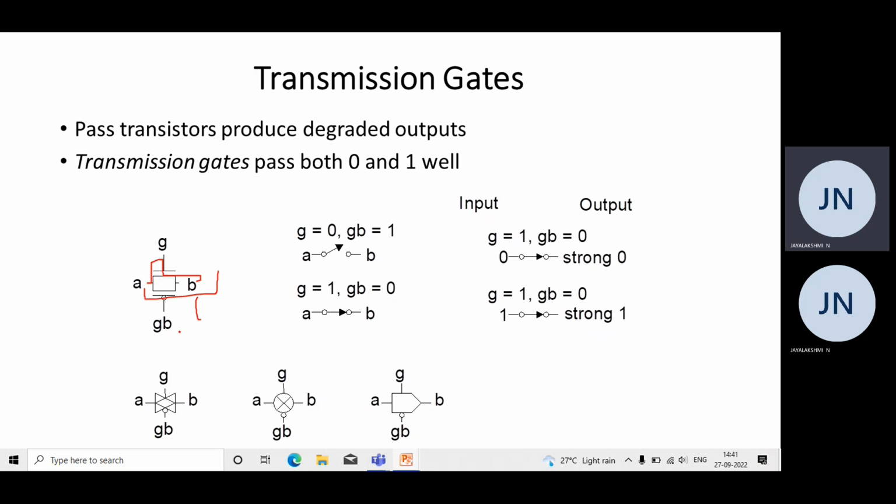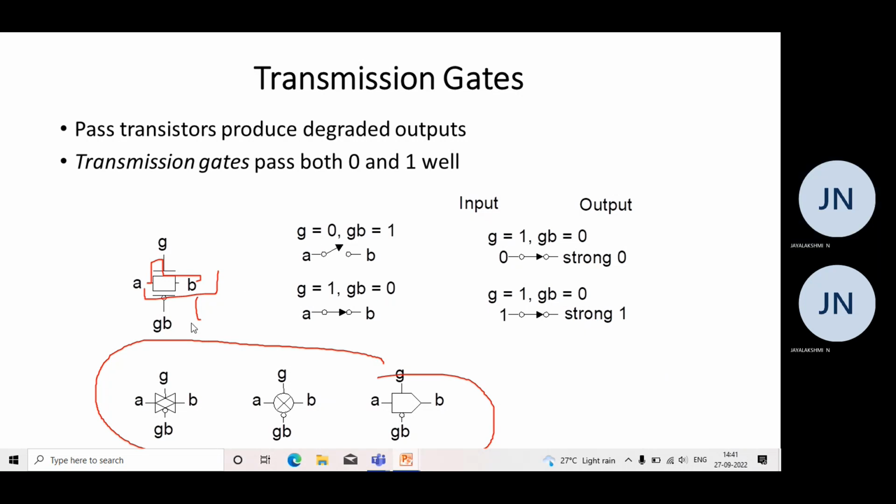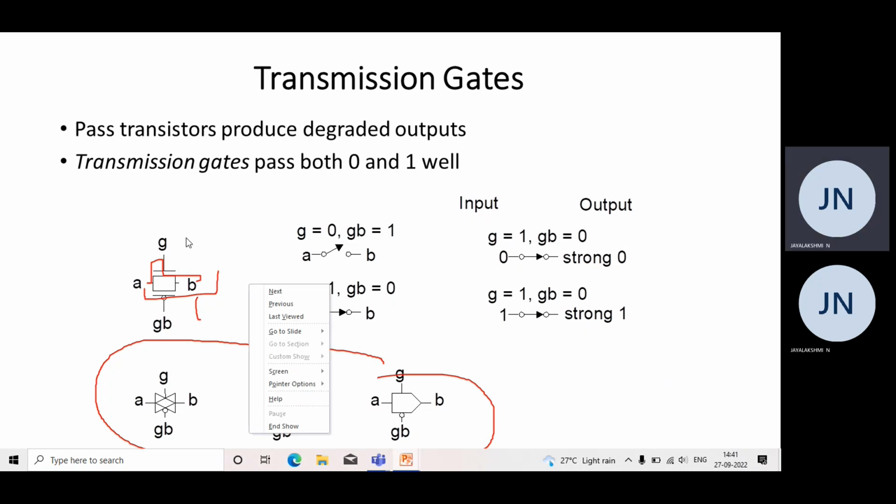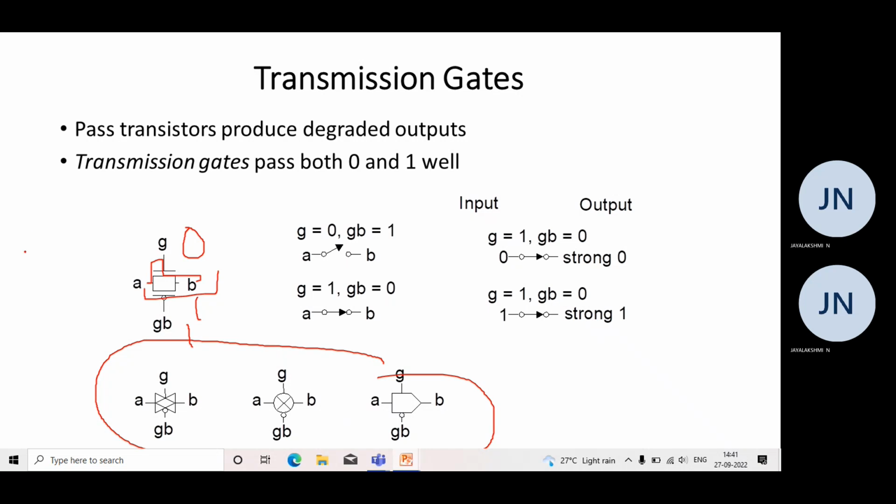Here, these are the various symbols of a transmission gate. If you pass G as 0 and GB equal to 1, G is 0, so it is connected to the NMOS transistor, which is off.